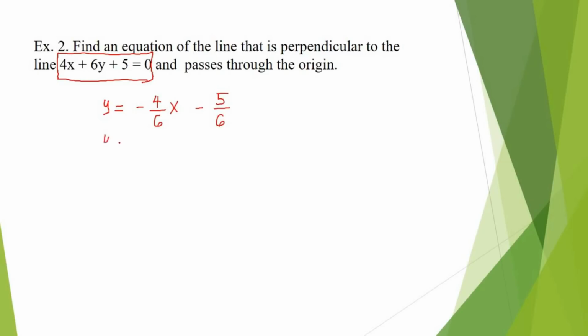And reducing further, we have y equal to negative 2/3 x minus 5 over 6. So based on this form, the slope-intercept form, we know that the slope of this line is equal to negative 2/3.